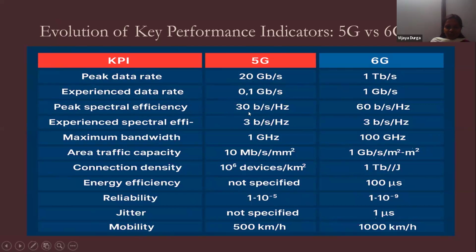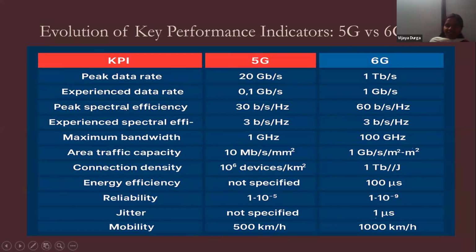So spectral efficiency is a very, very important thing. As the name implies, the cellular system is a licensed technology. We need to buy a spectrum. That's why you need to use the spectrum effectively.